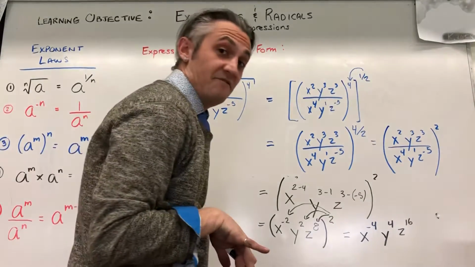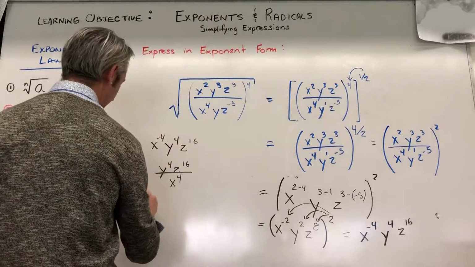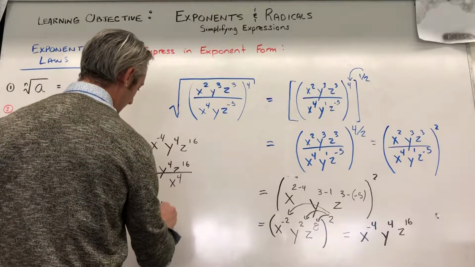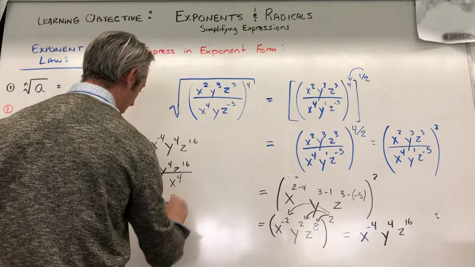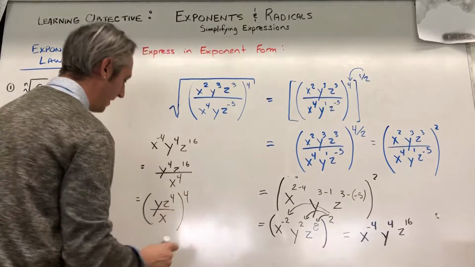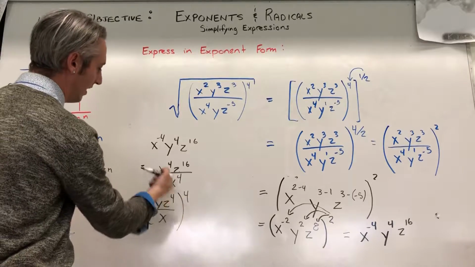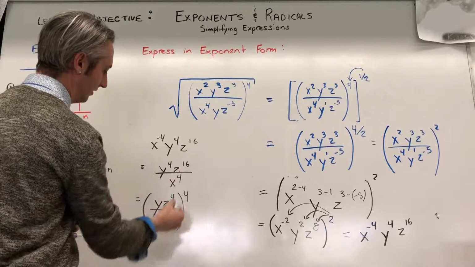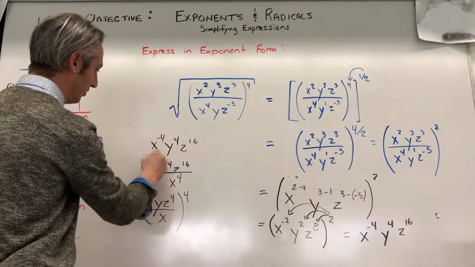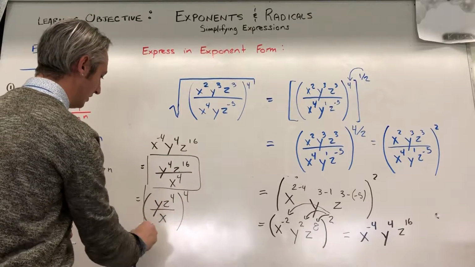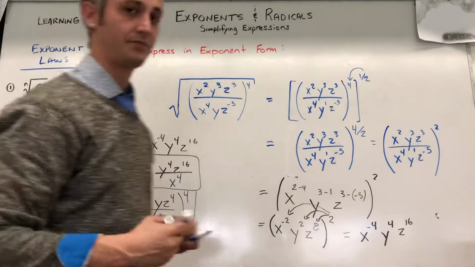And if I wanted to get fancy, I could write this as y, z to the 4 over x, all to the 4. And if I were to distribute this, it'd be y to the 4, 4 times 4 is 16, 1 times 4 is 4. So these are both good answers.